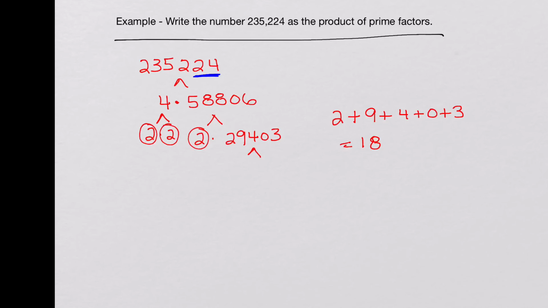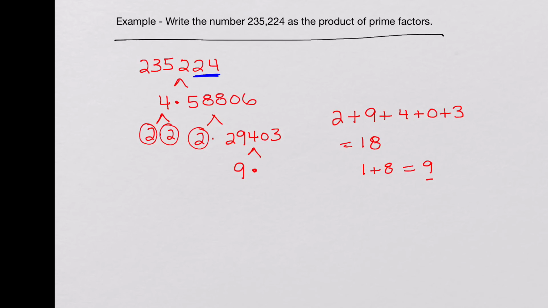And if you say, oh, I don't remember, I can even say, well, what's 1 plus 8? That's 9. So I can keep adding digits together. I don't have to just add our original digits once and stop. So we get 9, which is divisible by 3, and in fact it's divisible by 9. There's a divisibility rule for 9, so I'm just going to go ahead and make this a 9.